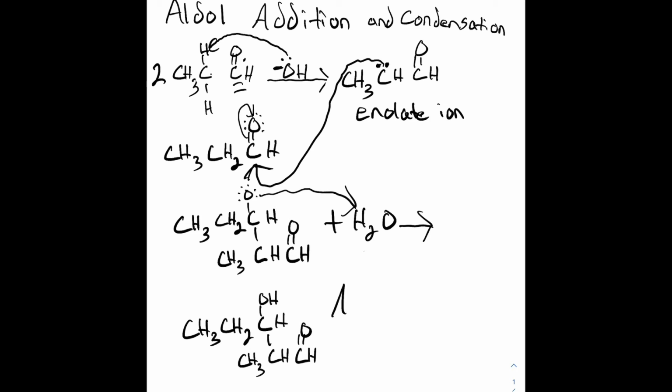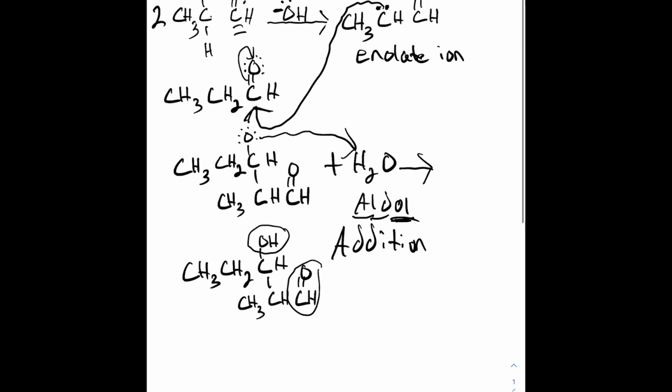This part is the addition, or the Aldol addition reaction. What that simply is, you have an alcohol and an aldehyde, hence the ald for the aldehyde and the ol for the alcohol. Pretty simple.